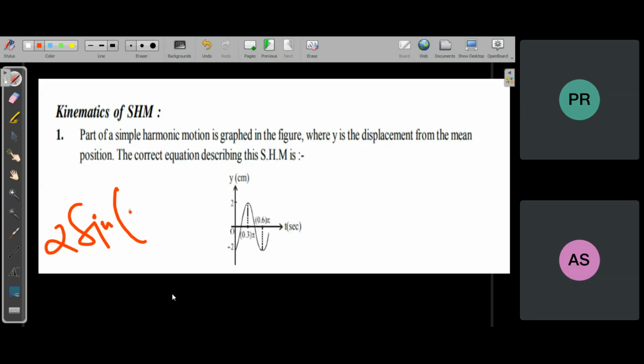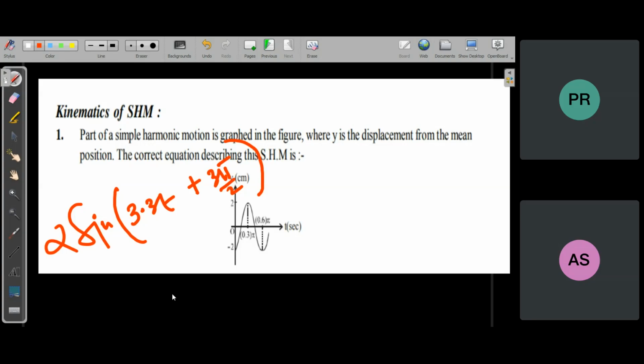Tell me the first equation that you said. Minus 2 cos 3.3 t and 2 sine 3.3 t plus 3 pi by 2.